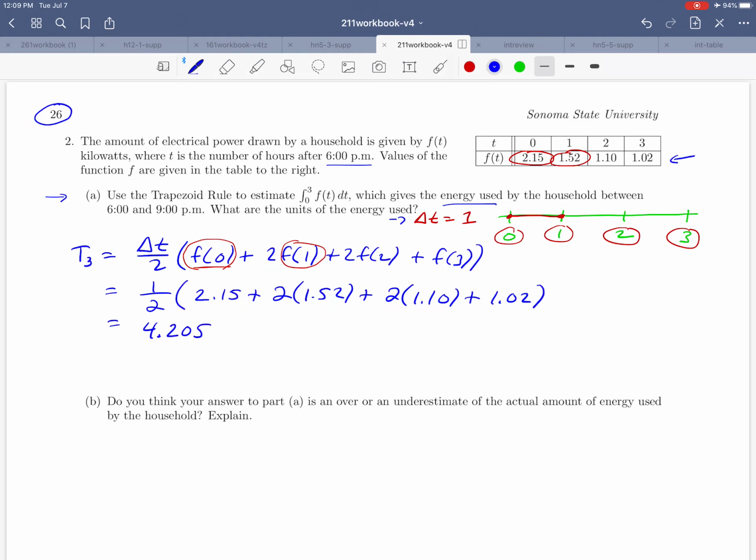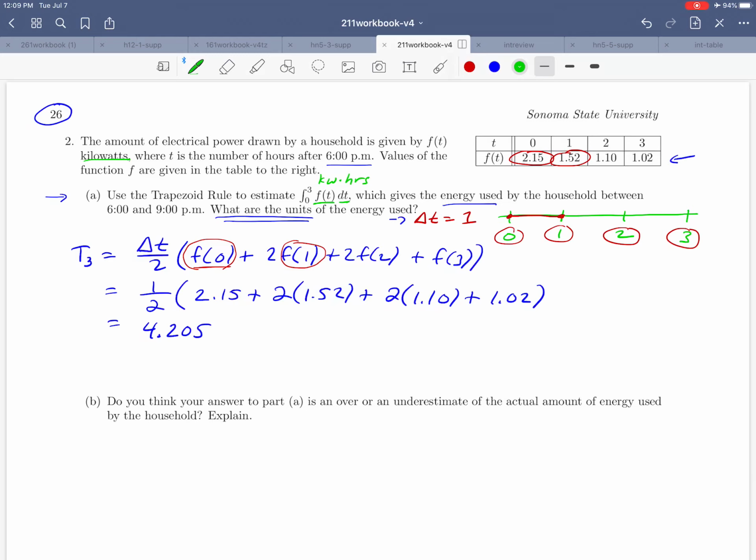And the only remaining question is, what are the units? They asked us that. How are we measuring the energy? Well, again, we can answer that question by looking at what we're integrating. So we've got f of t. What units are f of t being measured in? Well, they tell us kilowatts up here. And what units is time being measured in?